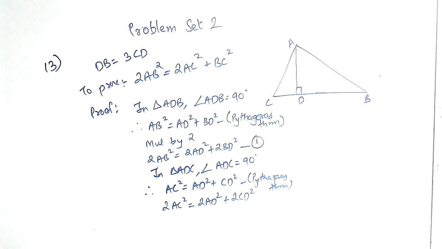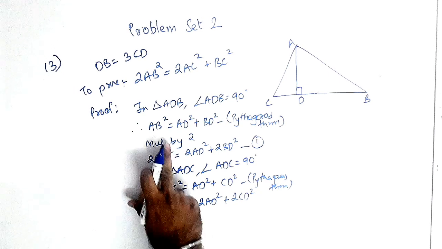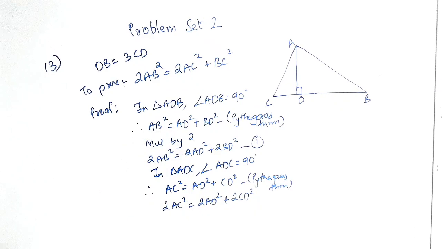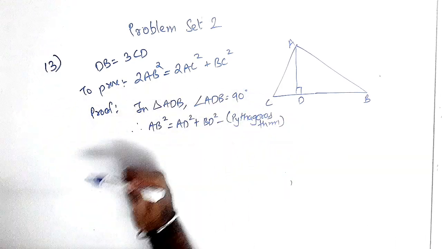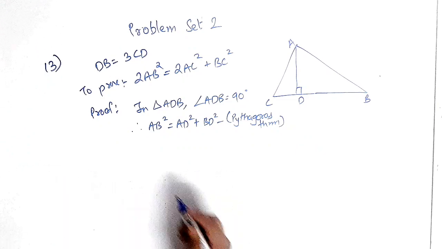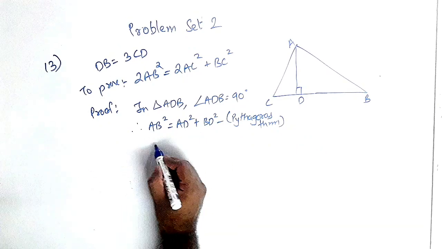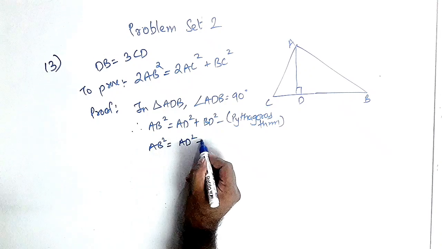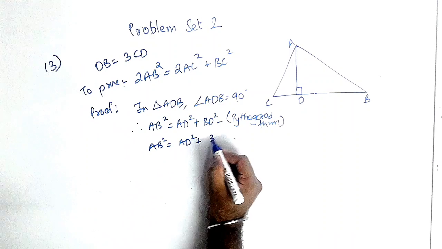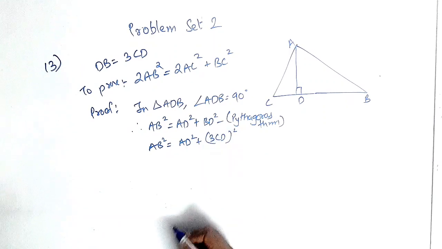Now if you observe here, AB square is equal to AD square plus BD square, and BD is 3 times CD, so I can write 3CD square.